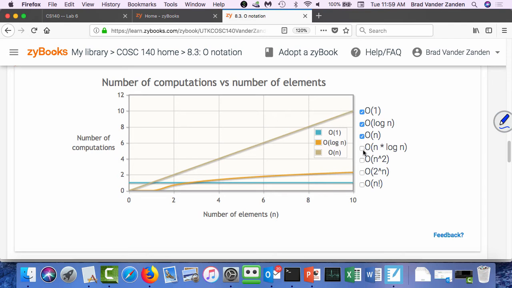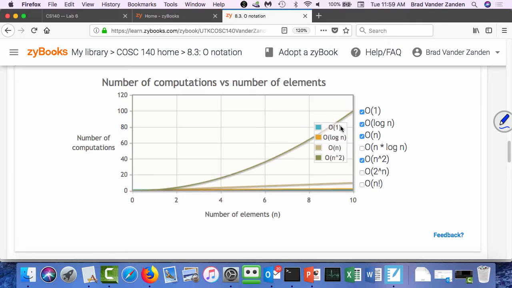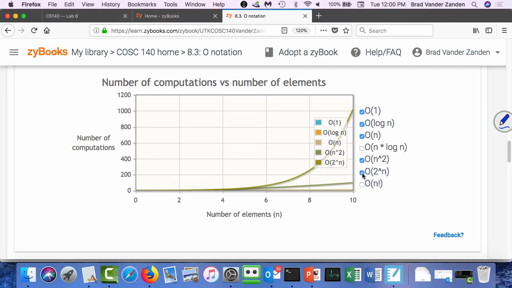And you can see how much bigger it is than order n, and log and constant time are blips. Okay, if we go up to order 2 to the n, order 2 to the n dominates everything. Now only n squared is even coming up here.